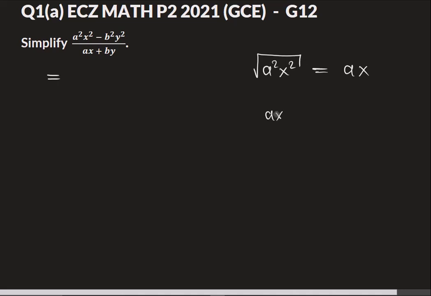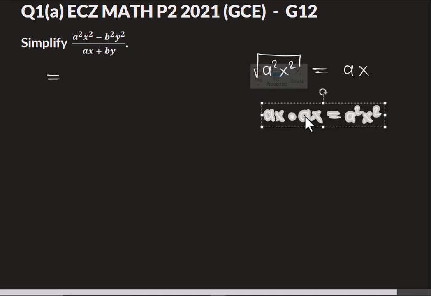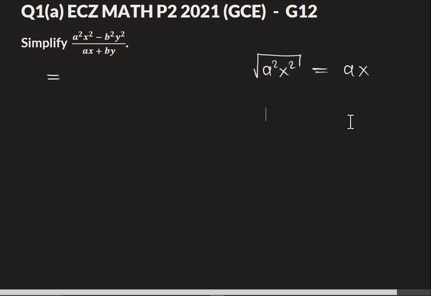So here, if I say ax multiplied by, I'll show multiplication by that dot there, because if I put another x, it might confuse us. You can see our final answer is going to be a squared x squared. So we found the correct square root. If you're not sure when you're working with variables, just do that simple check.